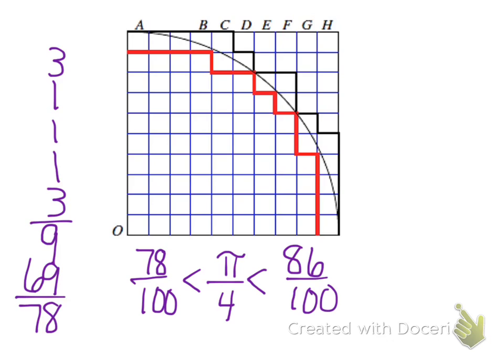But we could do the same thing with the outside of the circle that we did with the inside. So if we look here, we didn't count this square, and maybe we didn't need to. So we started with 86, and we're going to subtract some.